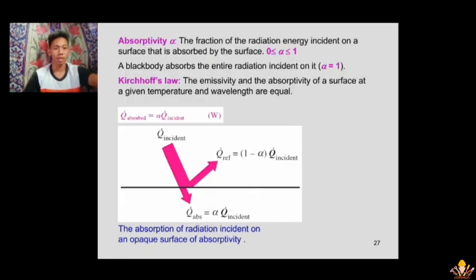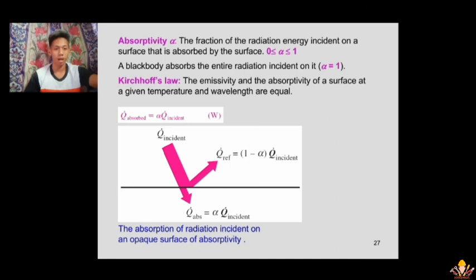Absorptivity is the fraction of the radiation energy incident on a surface that is absorbed by the surface. Kirchhoff's law: the emissivity and the absorptivity of a surface at a given temperature and wavelength are equal. We have the absorbed heat radiation equal to the absorptivity times the incident heat radiation.